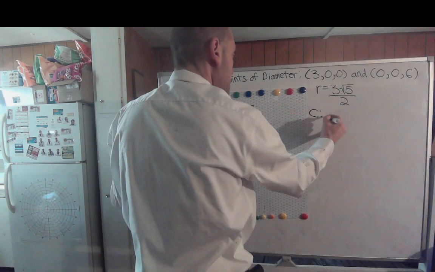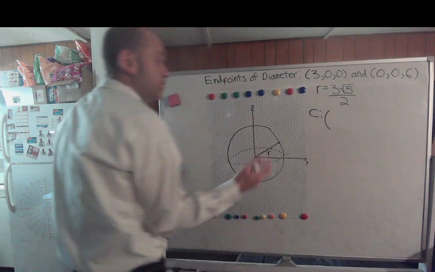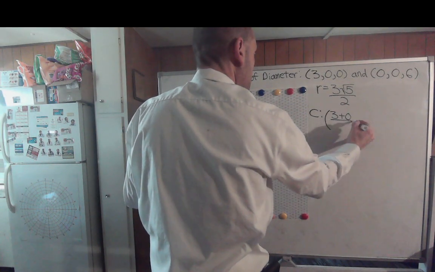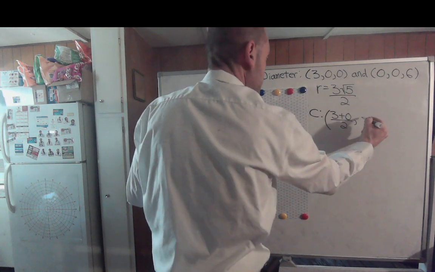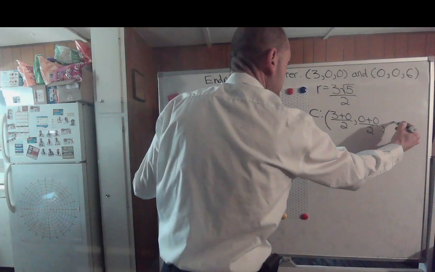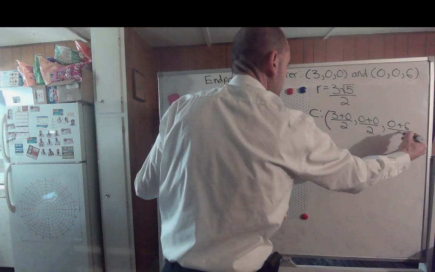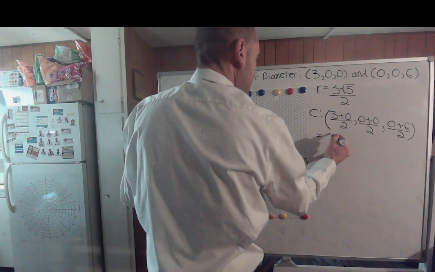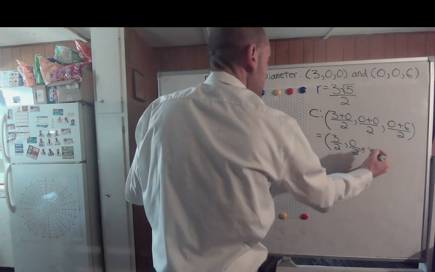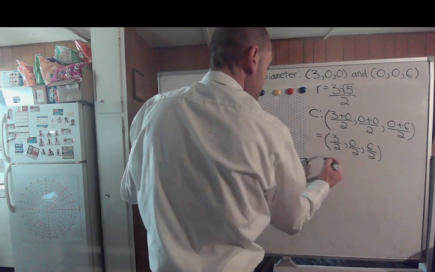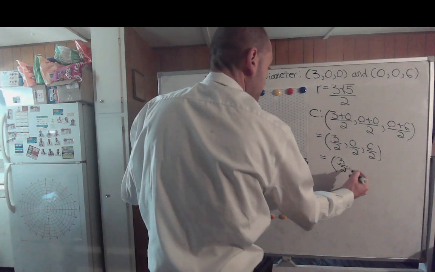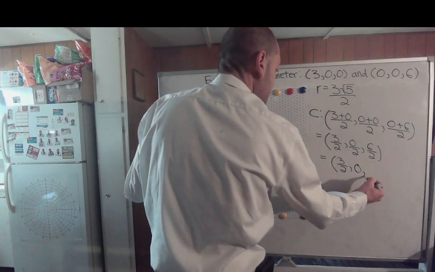So the center, if we remember the midpoint formula, take your x1 plus x2, so 3 plus 0 over 2, y1 plus y2, so 0 plus 0 over 2, and then z1 plus z2, so 0 plus 6 over 2, which would simplify into 3 over 2, 0 over 2, and 6 over 2, for the final answer being 3/2, or 1.5, however you'd like to write it, 0, 3.